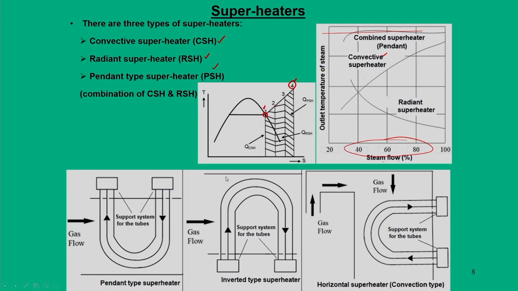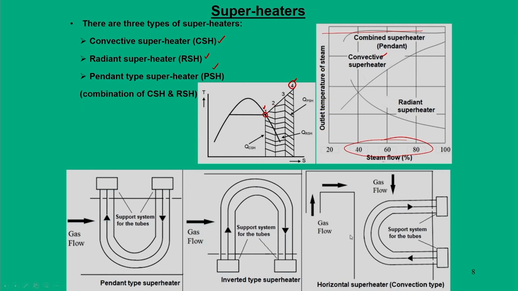If you see this type of configuration, a pendant type superheater is like a vertical inverted tube, and the gas flow comes in. The mode of heat transfer is partially convective and partially radiative. Initially it is convective, and once the steam is already superheated to some extent, it operates in radiant mode.